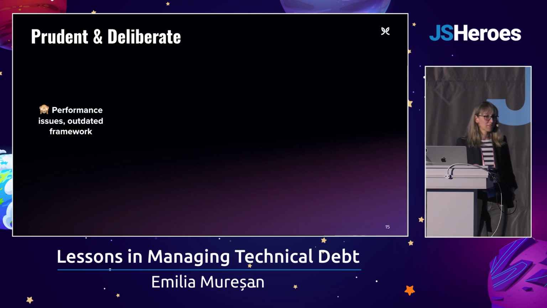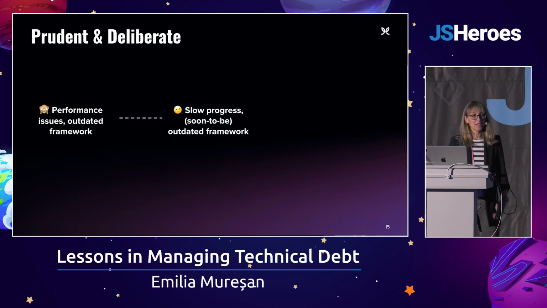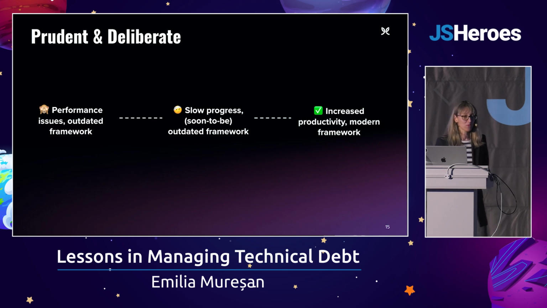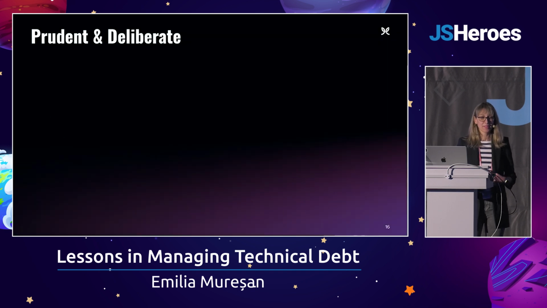So in this scenario, we had performance issues, an outdated framework. Then we were making slow progress, but the framework that we chose soon became outdated itself. And we adopted React, which through its powerful composition model and the ability to reuse components enabled us to increase productivity and move a lot faster.